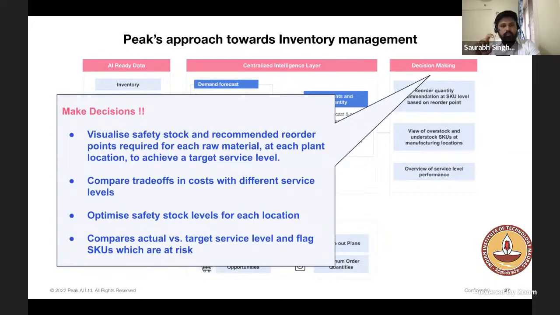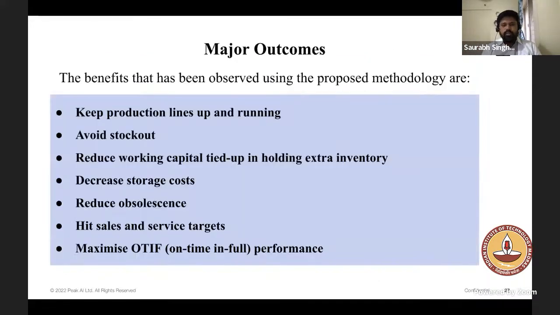And they can also review their service level performance, how much service level they are able to provide to the end customer. So this is how, using AI, you can solve the problem of inventory optimization for an organization.